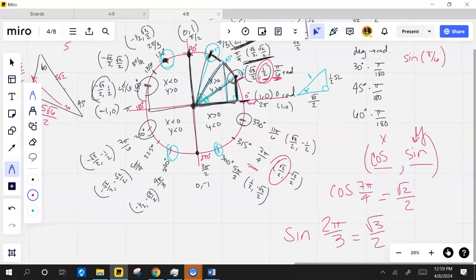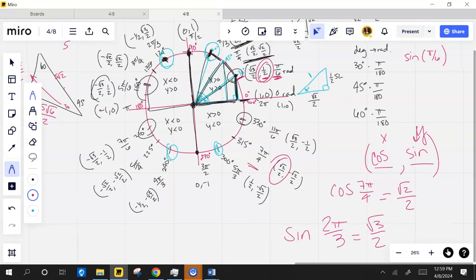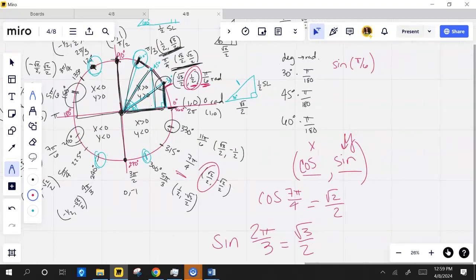Where's the 2 pi over 3? 2 pi over 3 is up here in quadrant 2. What if I asked you the cosecant of pi over 4? What's cosecant mean? Because that's what we need to remember first.